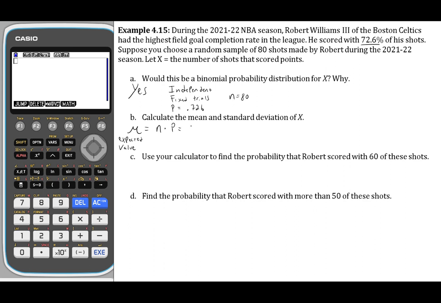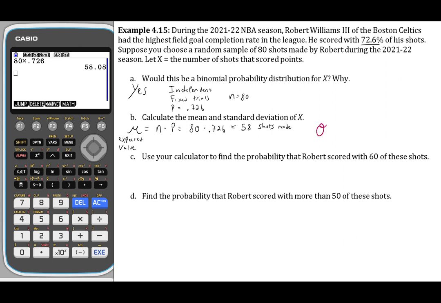So we'll find 72.6% of 80, so we'll do 80 times 0.726. And we get 58.08, or 58 shots made.